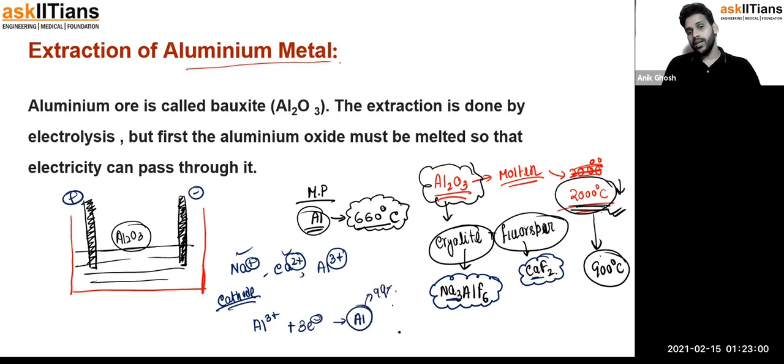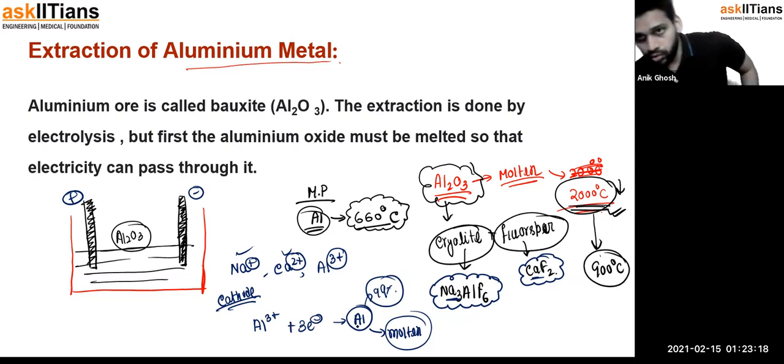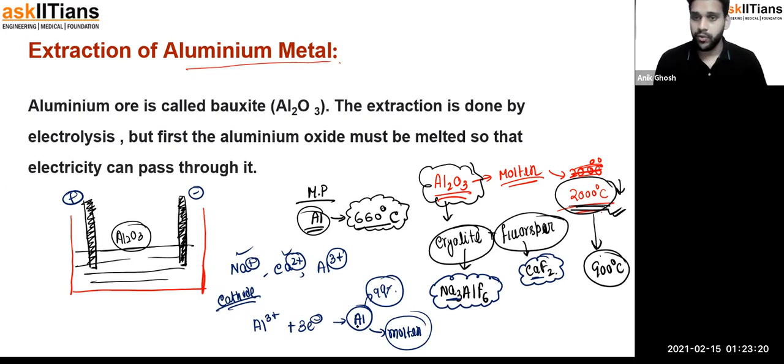But you are going to get this aluminium metal in molten state. That is how you are going to take out this aluminium out of this ore, hematite. So that was a very good process where we have so many things to understand.